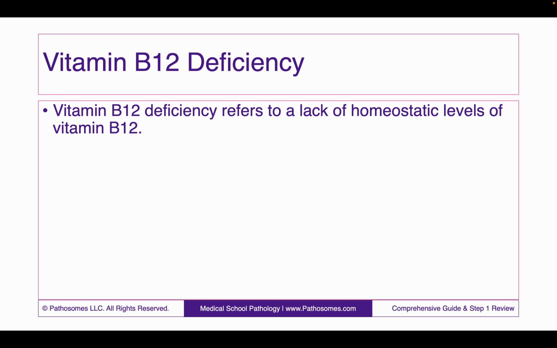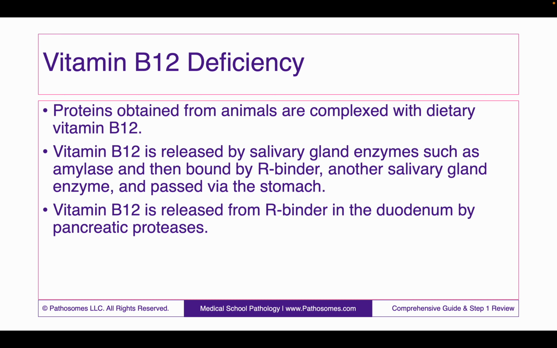With regards to vitamin B12 deficiency, vitamin B12 deficiency refers to a lack of homeostatic levels of vitamin B12. Proteins obtained from animals are complexed with dietary vitamin B12. Vitamin B12 is released by salivary gland enzymes such as amylase.